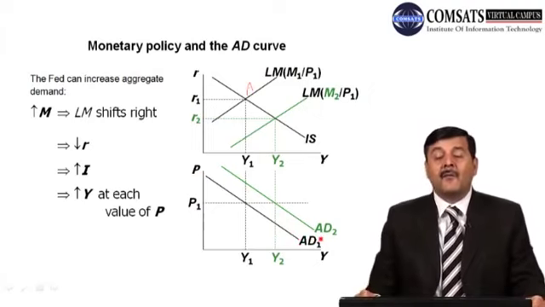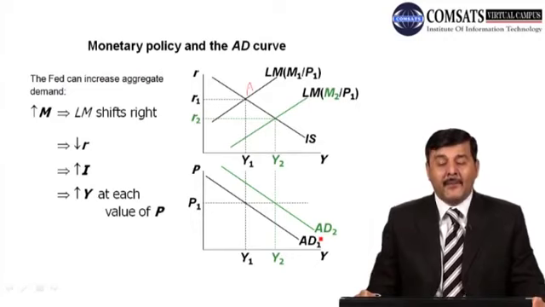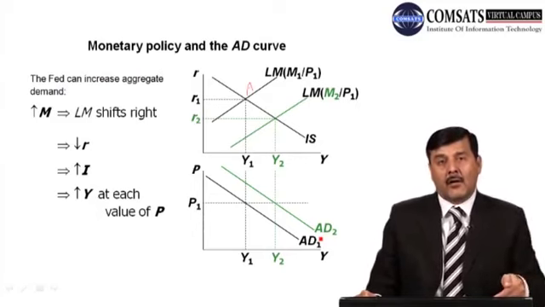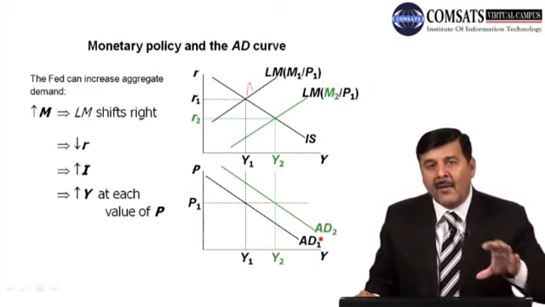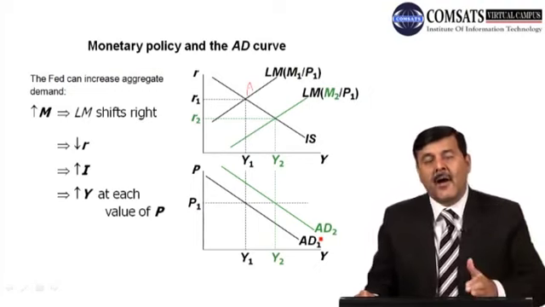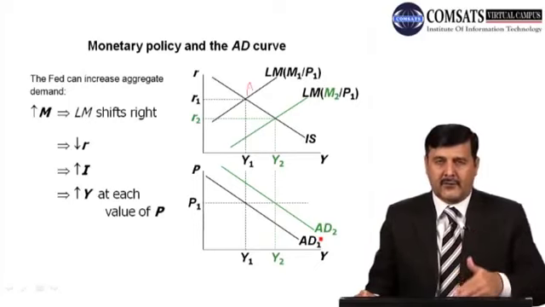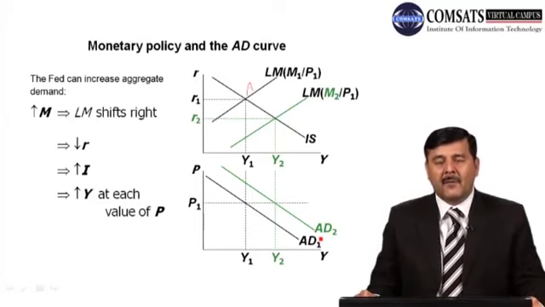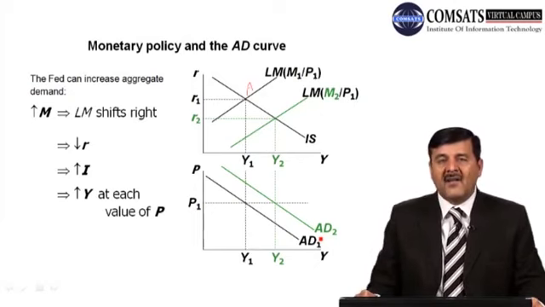Now suppose money supply goes up, what will happen? The LM curve shifts rightwards. When money supply increases, the LM curve shifts rightward and the rate of interest decreases. When the rate of interest decreases, investment increases, because we know that the rate of interest and investment have an inverse relationship. With the increase in investment, income increases, and the economy reaches a new equilibrium point R2, Y2.